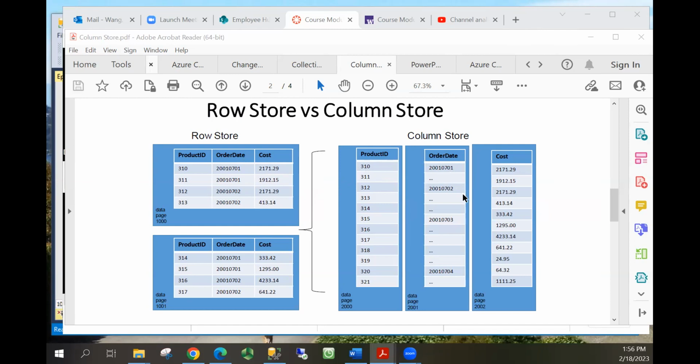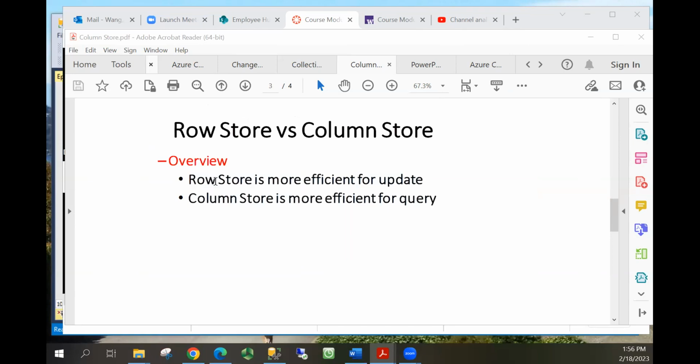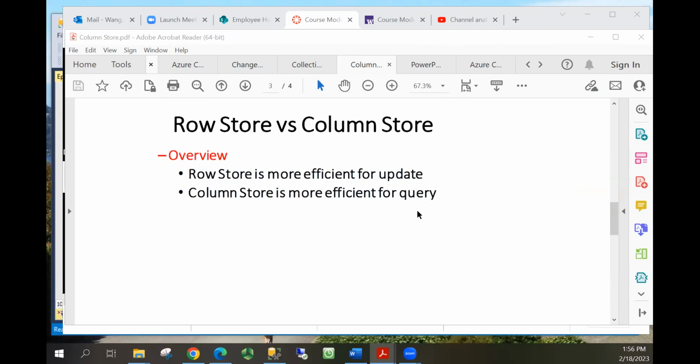Going to more locations for the database management system to get the data you need means it takes longer, right? Performance may degrade. So that's the reason why row store is more efficient for updates, update a record. And column store is more efficient for reporting or for query.